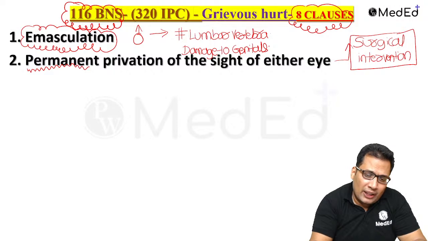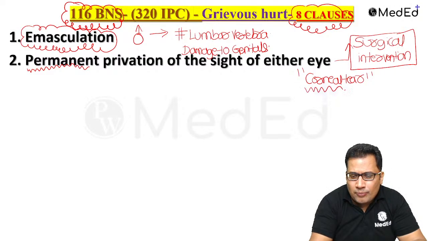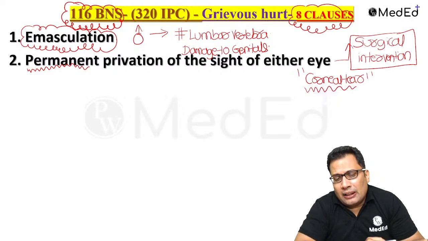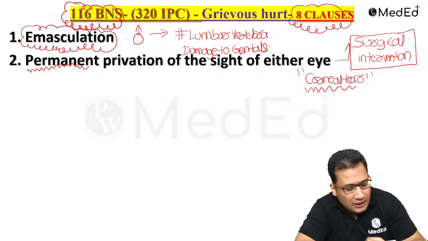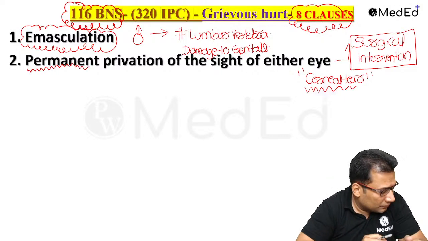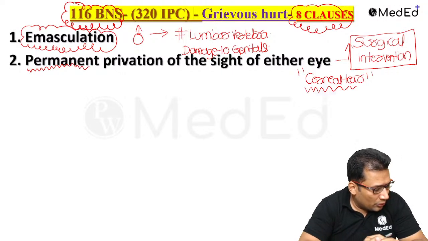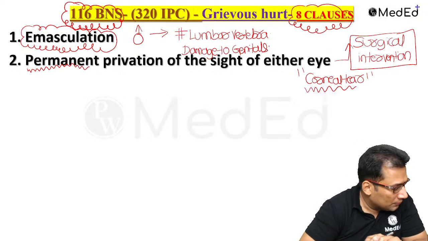For example, corneal tear, gouging out of eyes. There can be permanent loss of vision. That is clause number 2.